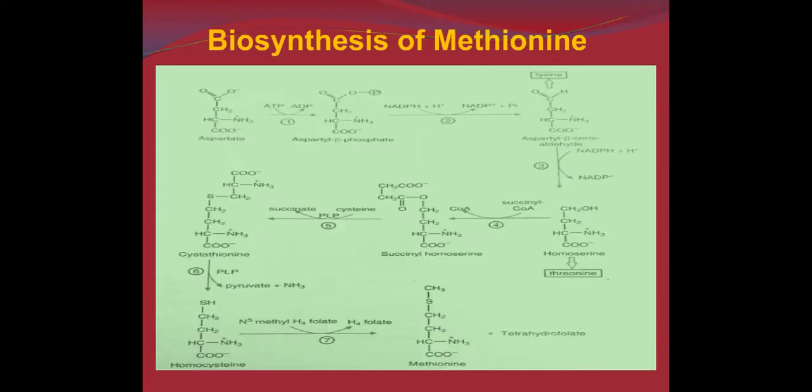Now, aspartate also gives rise to methionine. The synthesis of methionine is completed in 7 steps. 1, 2, 3, 4, 5, 6, 7. 7-step reaction. First step is aspartate gives rise to aspartyl beta phosphate.